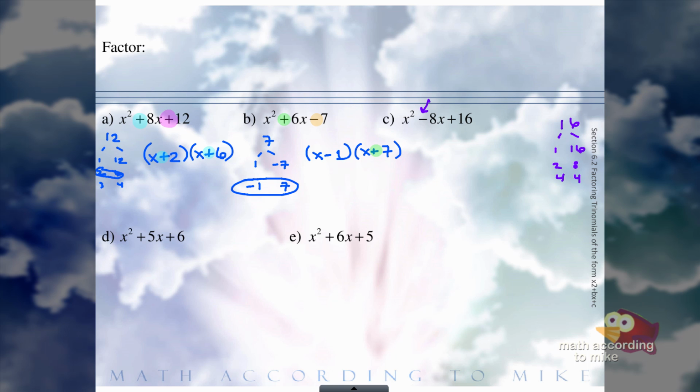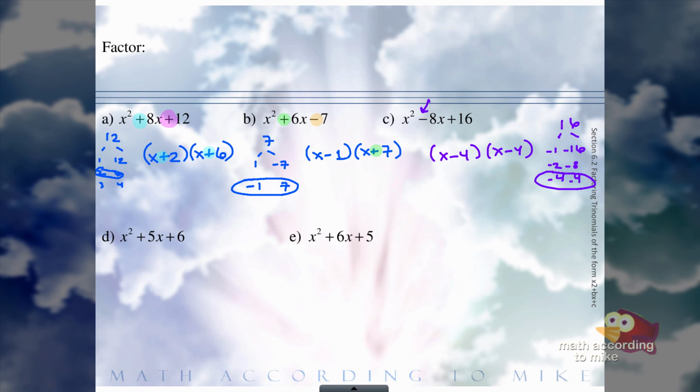So I really should say negative 1, negative 16, negative 2, negative 8, and negative 4, negative 4. These multiply to be positive 16 because two negatives make a positive when multiplying, but they add up to be a negative number. So notice the pair that works is the last pair. So we'll say x minus 4, x minus 4.